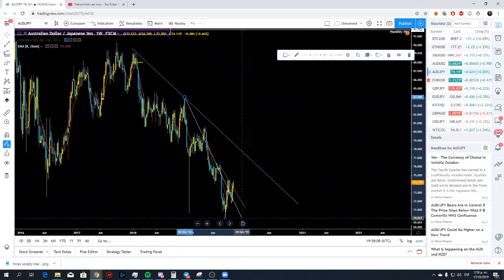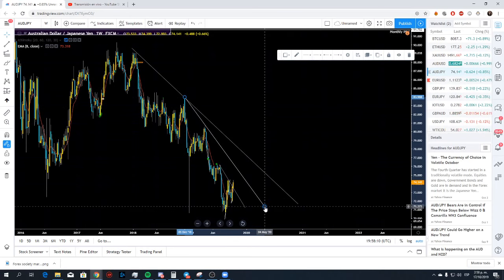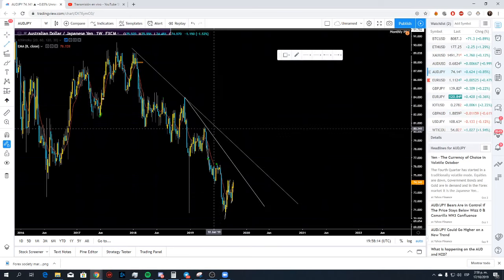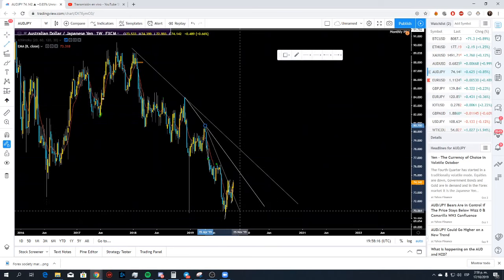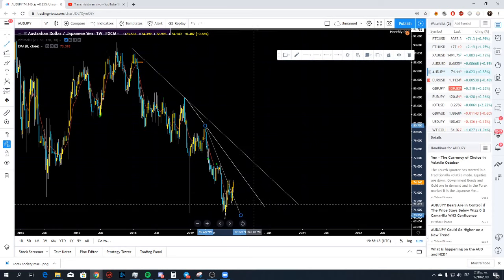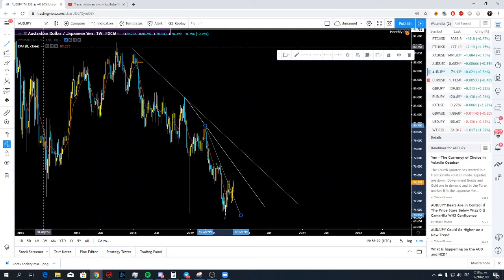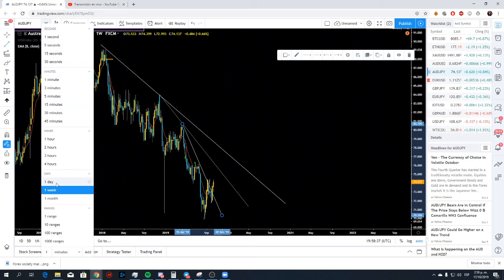Okay, we got this one, and we got this other one. What I see right now is that price was on a strong downtrend, and today it seems like it broke out.